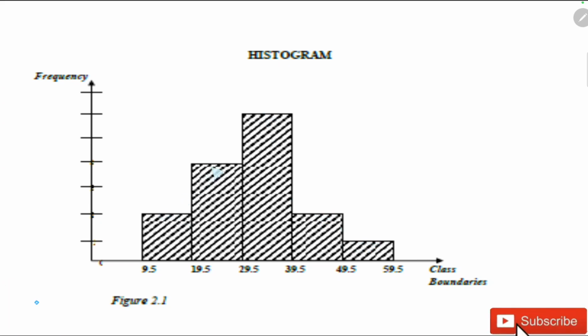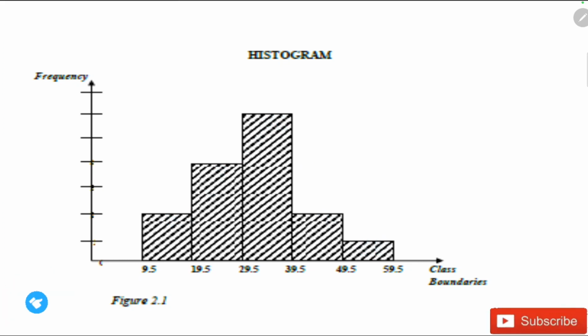And once you join the midpoint of each bar, it helps us to form what we call a frequency polygon. Most of the time, for a frequency polygon, we start from the origin, the 0, and then we join to the midpoint of the first rectangular bar that forms part of the histogram, and we continue joining the midpoints, and that will help us to form what we call a polygon. So let's take note of that.